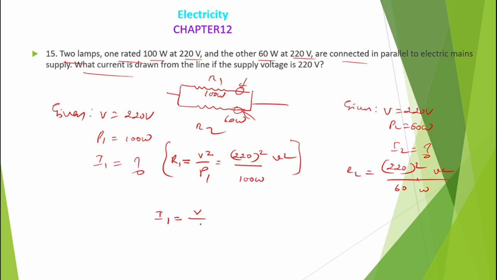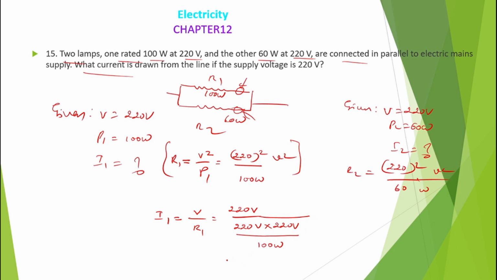V divided by R1, so V 220 volt divided by R1. You can write this as 220 volt into 220 volt divided by 100 watt.